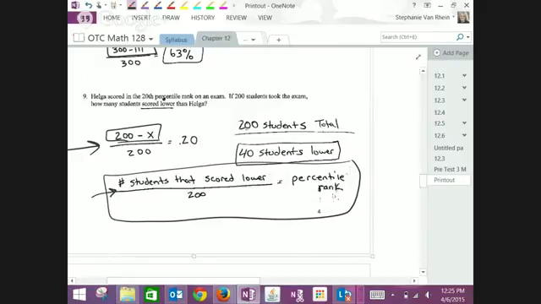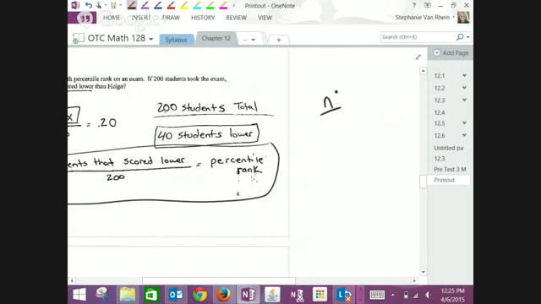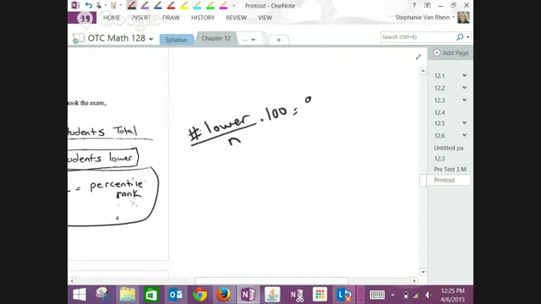If we want to know percentile rank, the formula is the number lower divided by N times 100 equals percentile rank, right? N minus rank would be up here.